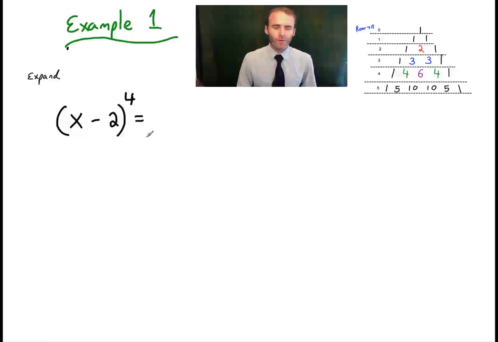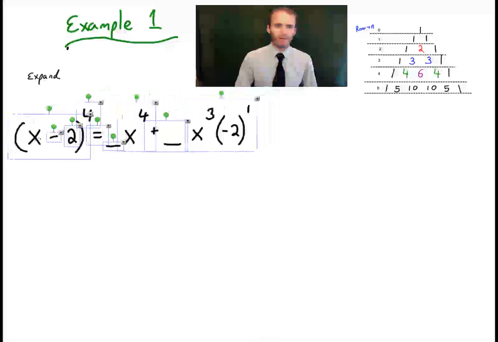And let's go through and write this out. So the first term is going to be x to my highest exponent, and we'll leave a blank here, plus, leave the blank. Now we have x cubed. I'm going to put a parenthesis here, and we have negative 2, and that's to the first power.